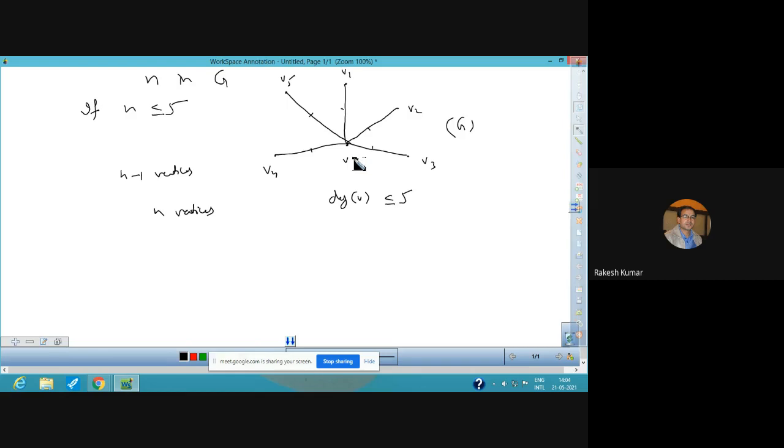G dash requires not more than 5 colors. Suppose it is given as color 1, then it can be given as color 2. एक मिनट रुकिए. Yes, इसको हम ऐसे लिख सकते हैं. V को कलर करने की जरूरत नहीं, V के साथ हमारे पास ज्वाइंट है ना ये सारे.